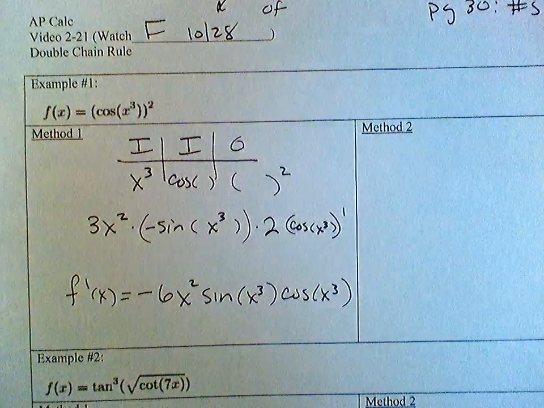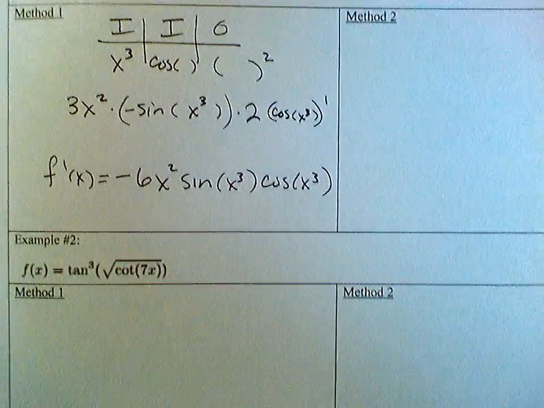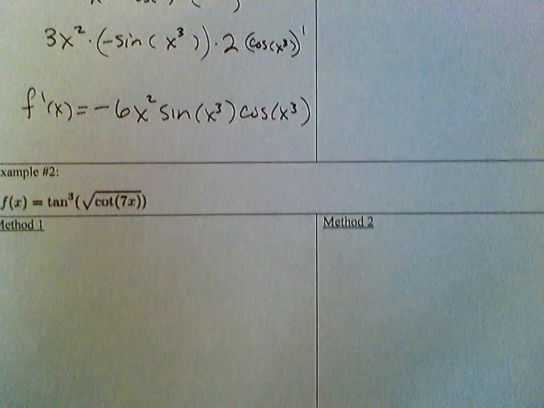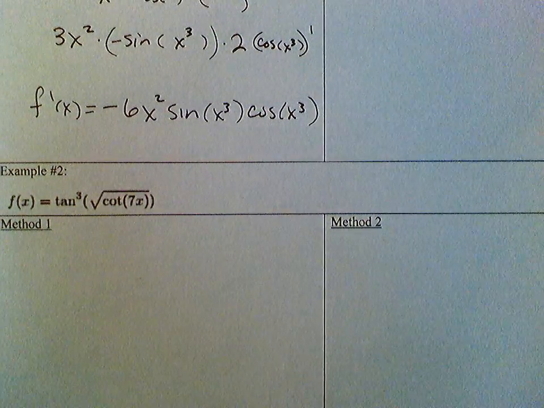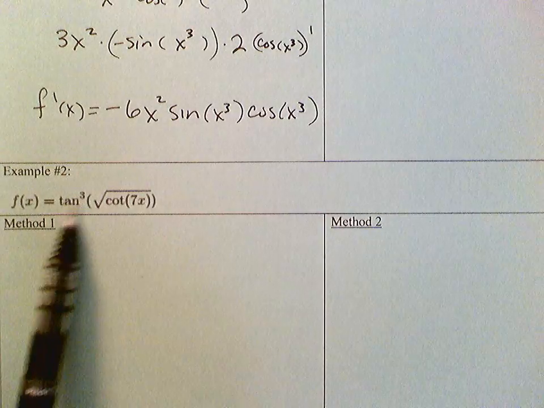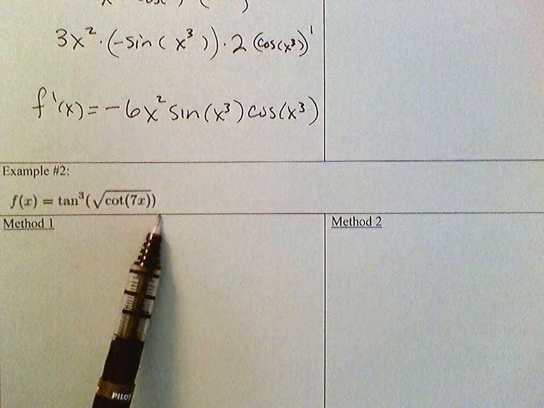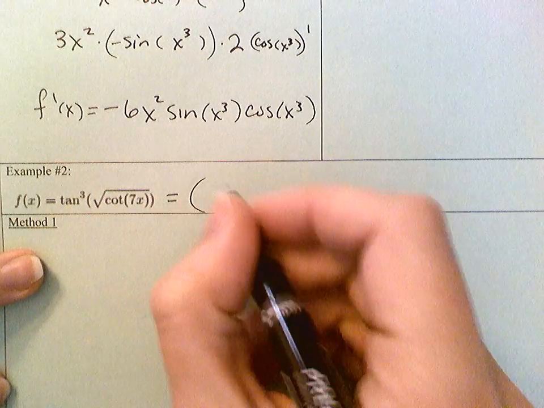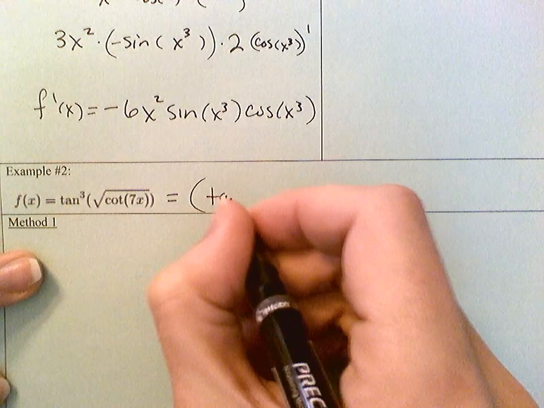Okay, now the next one will be more complicated than anything we've done so far. Okay, so first, guys, whenever you have a trig function raised to a power like this, like tangent cubed of this stuff, I would rewrite it like this.